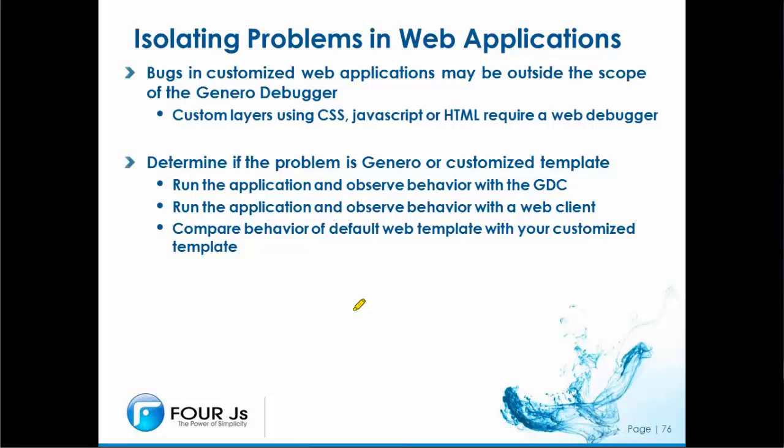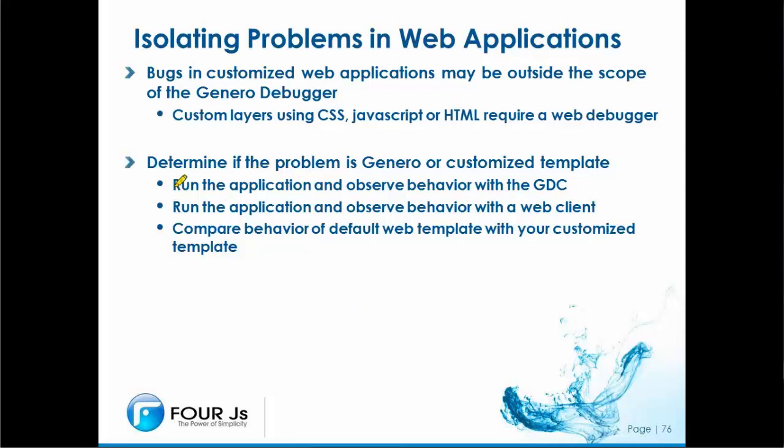So one of the problems sometimes can be figuring out exactly where the problem is with a web application that's been customized. One of the things you can do to isolate where the problem is, whether it's a problem at the Genero level, a program logic error, or a customization problem, is to try running it in different environments to see if the problem goes away or if the problem still hangs around.